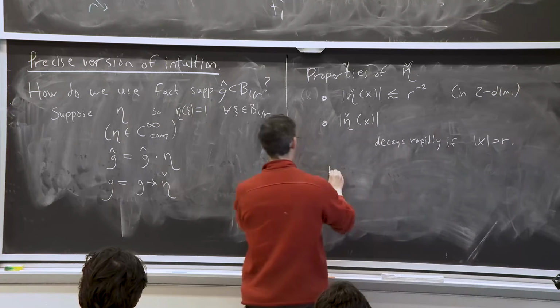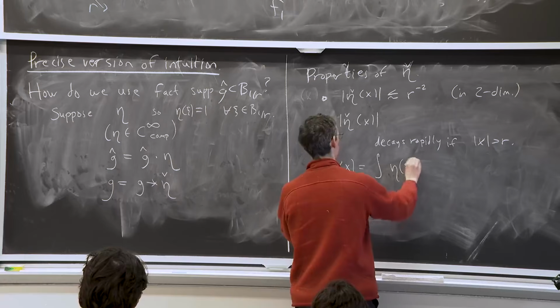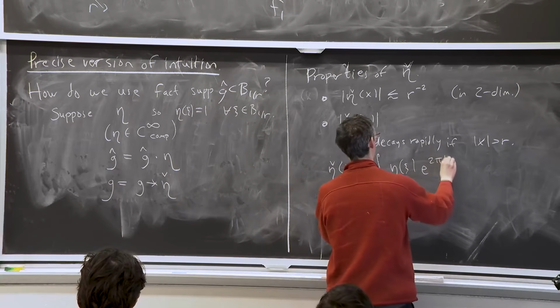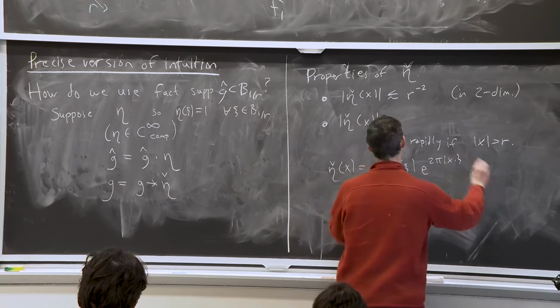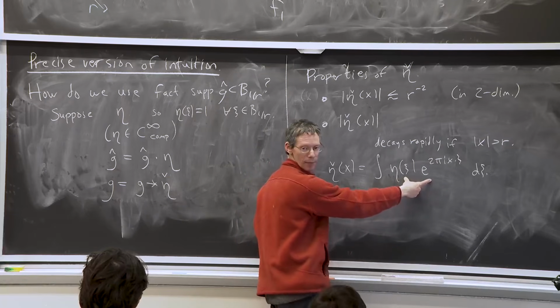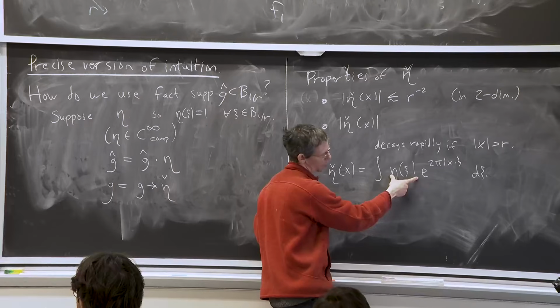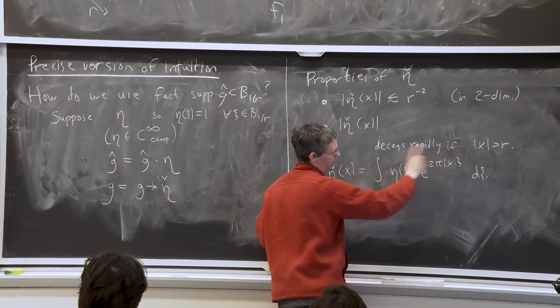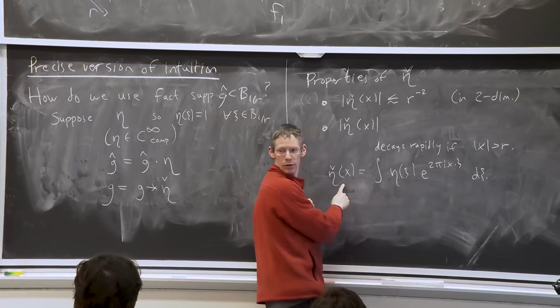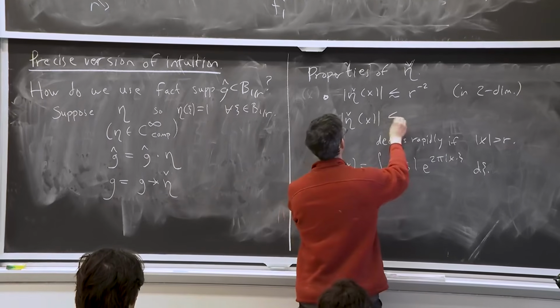And the reason for that is eta check of x is the integral of eta of xi e to the 2 pi i x xi d xi. And we can bound this integral by integrating by parts. This is a nice and smooth thing. And if x is bigger than this, we integrate by parts many times. We get a strong estimate for this. The estimate has the following shape.